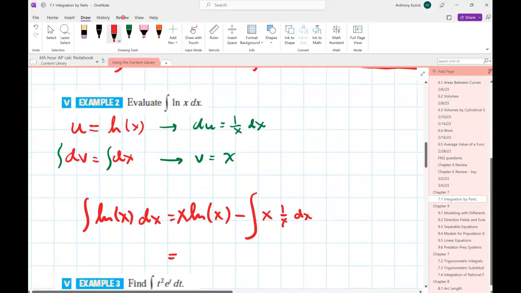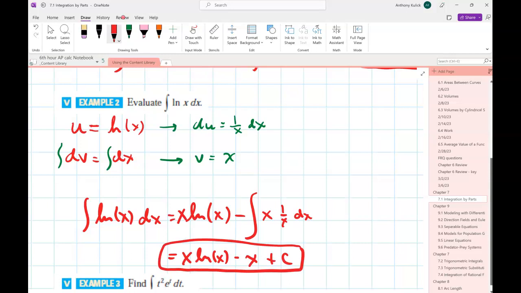Okay. And x times 1 over x is just 1. So the integral, or antiderivative, of 1 is x. And then we just have the plus c at the end. There you go.